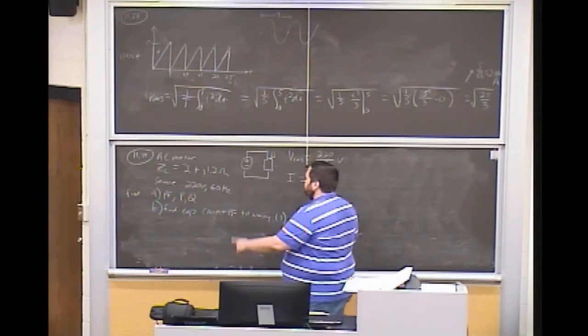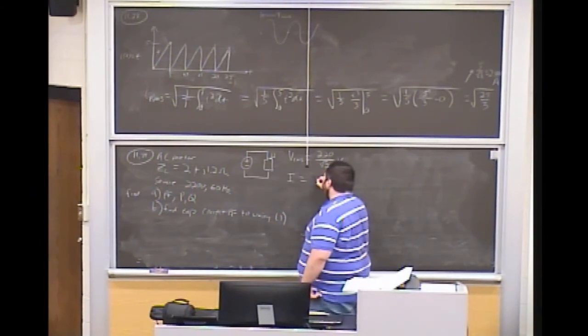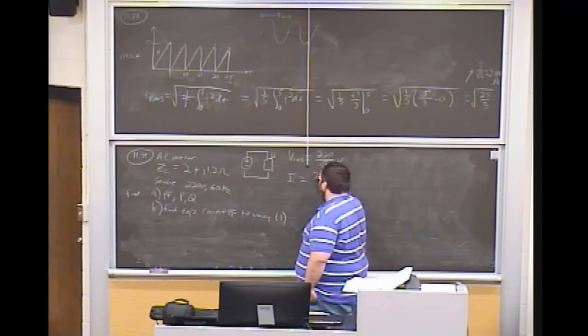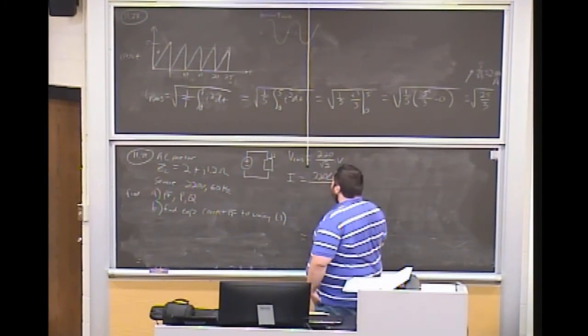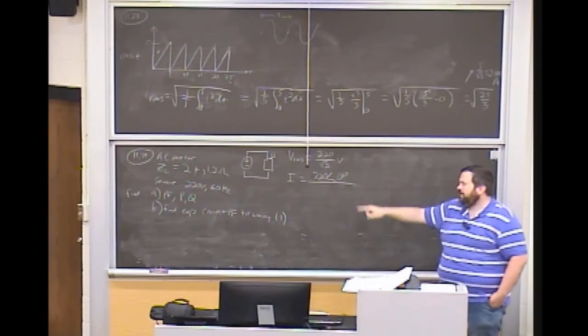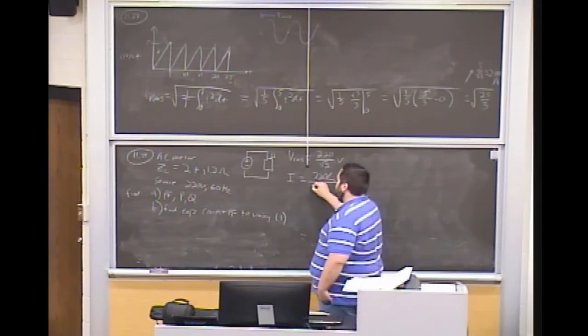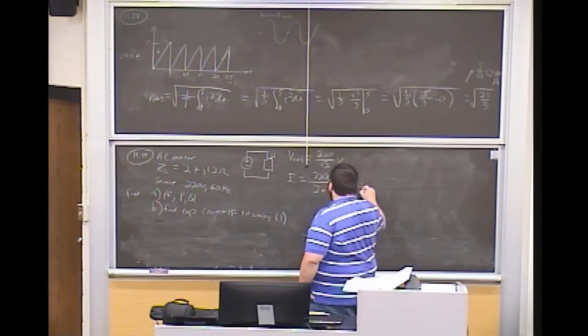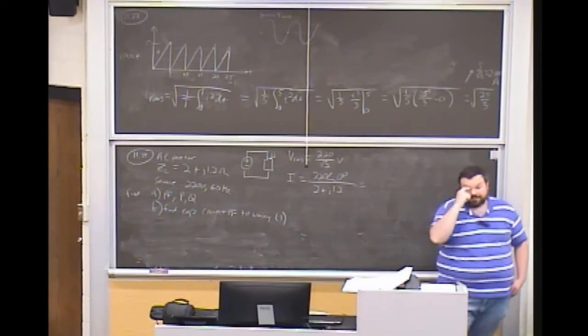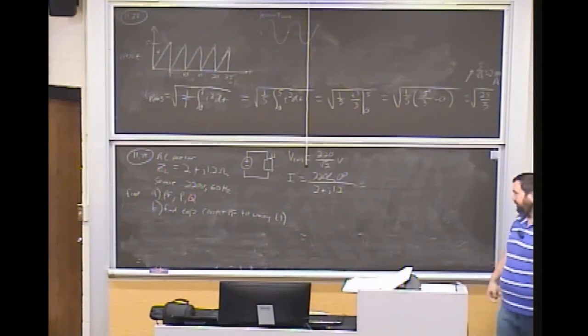So we take our voltage, I can convert that to a phasor, no offset, and divide it by the impedance, 2 plus j1.2.